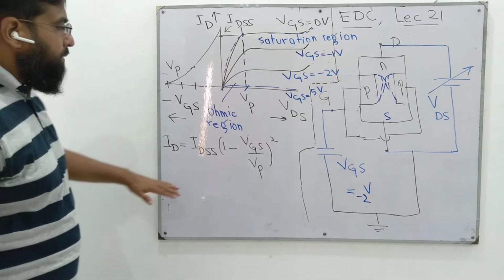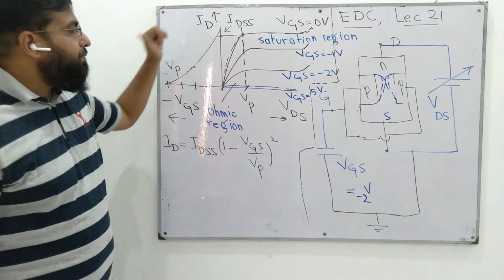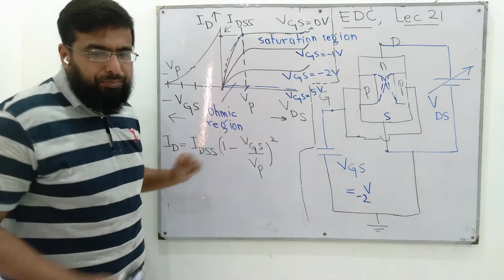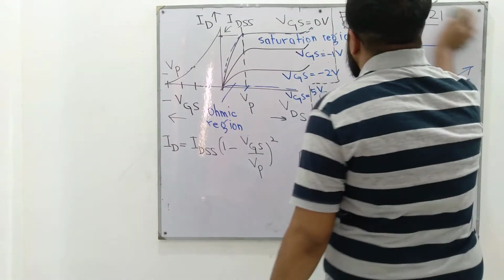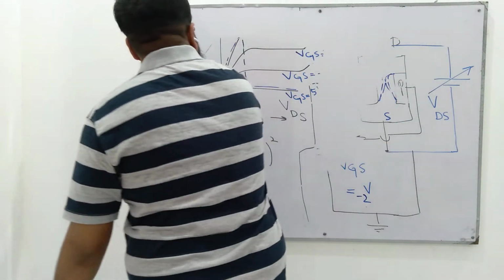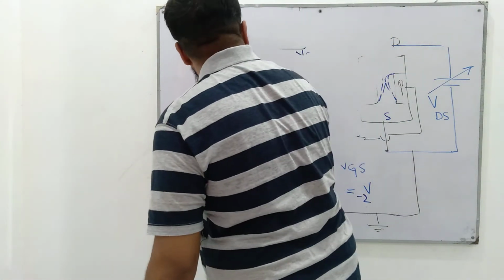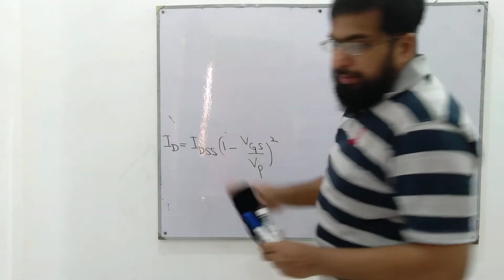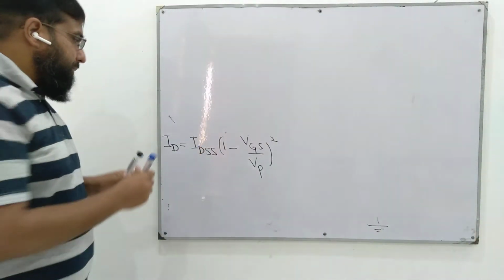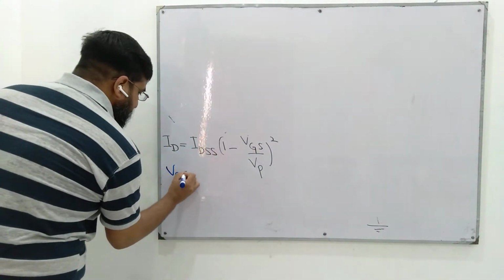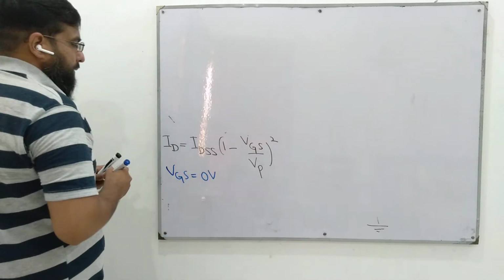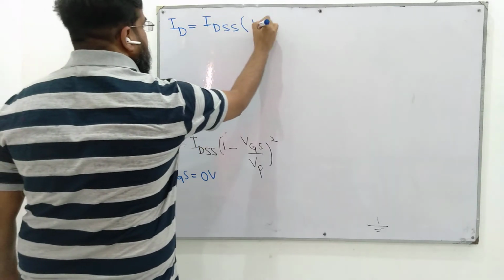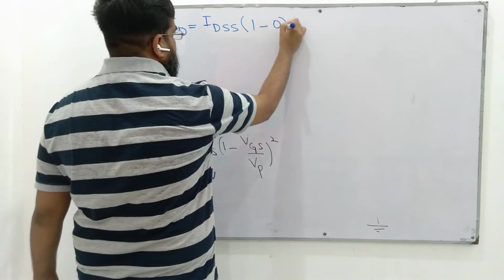These facts can be verified by this expression too. If we put VGS equal to 0 volts, that would give us ID equal to IDSS times 1 minus 0 squared.